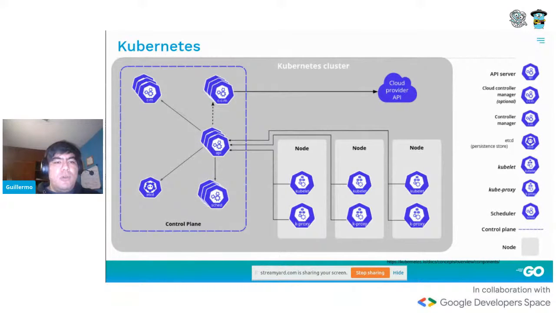I will show you two ways. But first, let's look at the big picture of Kubernetes. Kubernetes is made up of a bunch of nodes with different roles. Some of them are part of the master node, and some other nodes are part of the worker nodes.